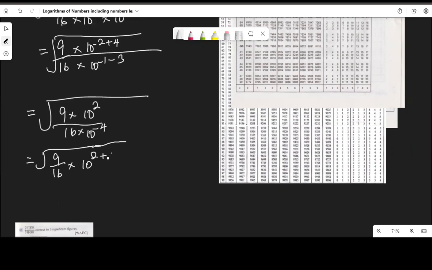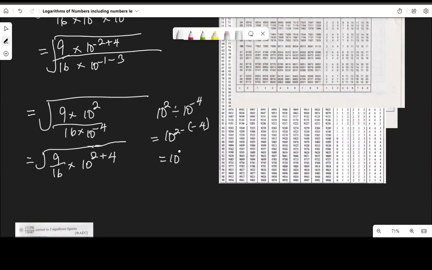plus 4. Why 2 plus 4? This 10 to the power of 2 and this 10 to the power of negative 4 is like saying 10 to the power of 2 divided by 10 to the power of negative 4, which is 10 to the power of 2 minus, I'm applying the second law of indices.